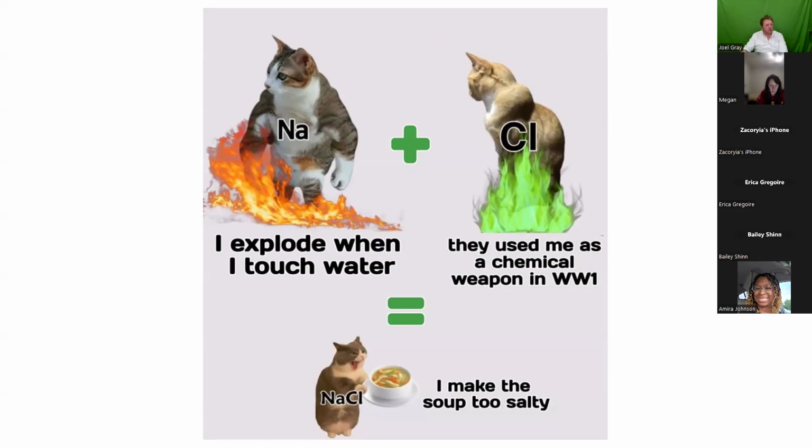So this is going to be kind of a driving idea of what will be going through this semester. Why is pure sodium violent? Why does it violently react? Why is chlorine gas potentially deadly? But when they're together, they don't really do anything.